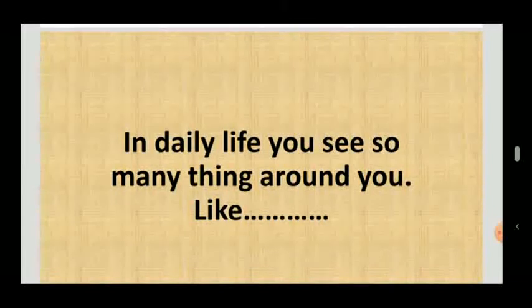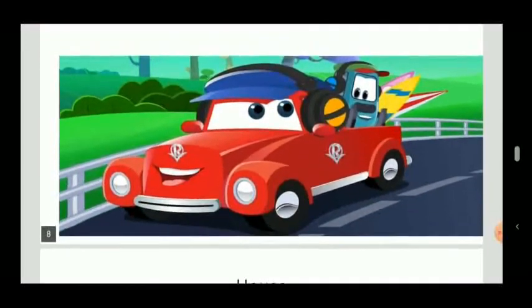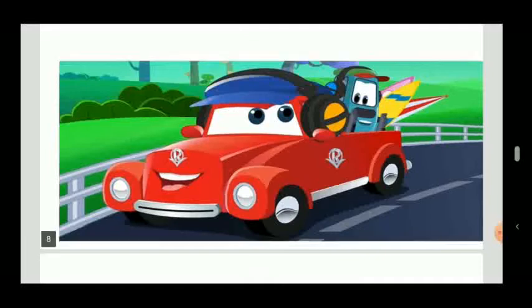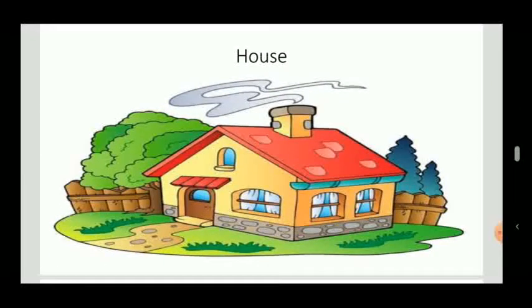In daily life, you see so many things around you, like car, house where we live in, buildings, complexes, so many things you see around.